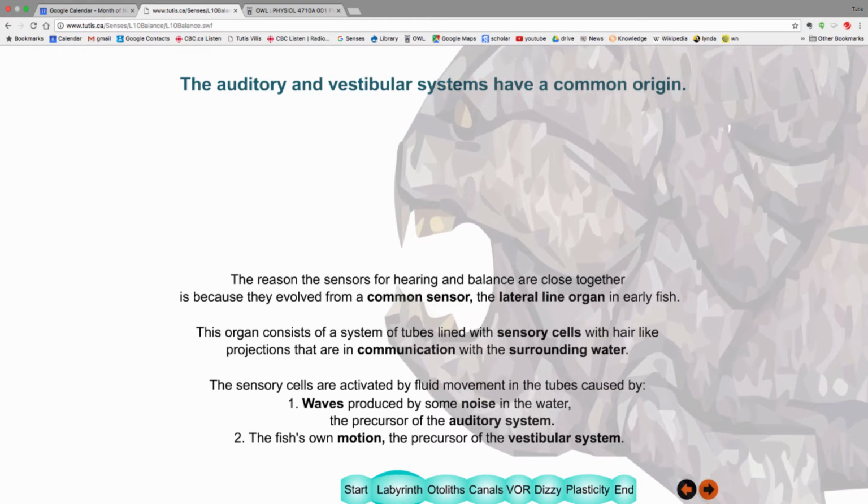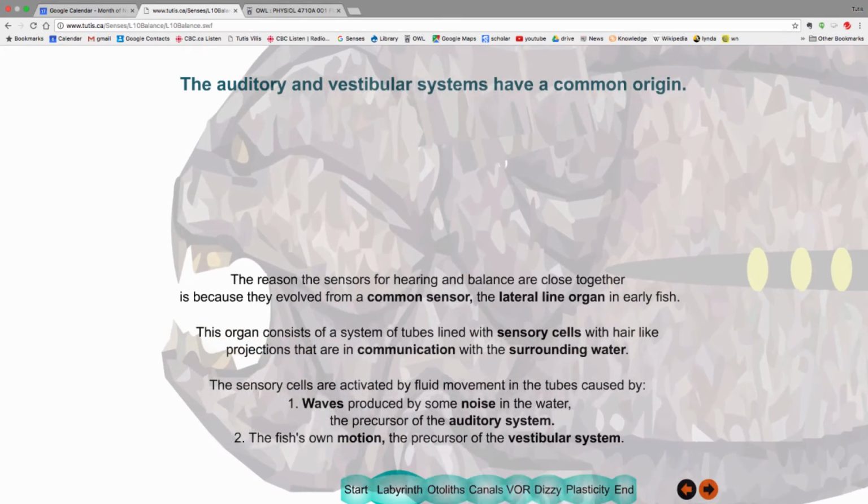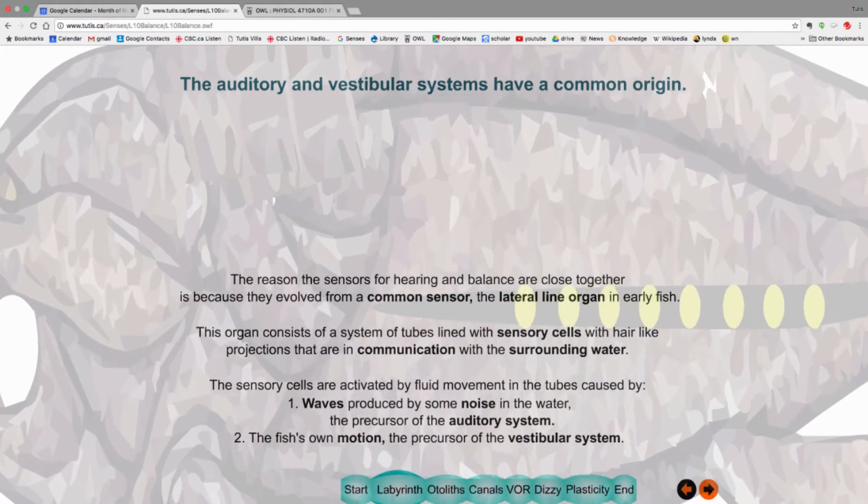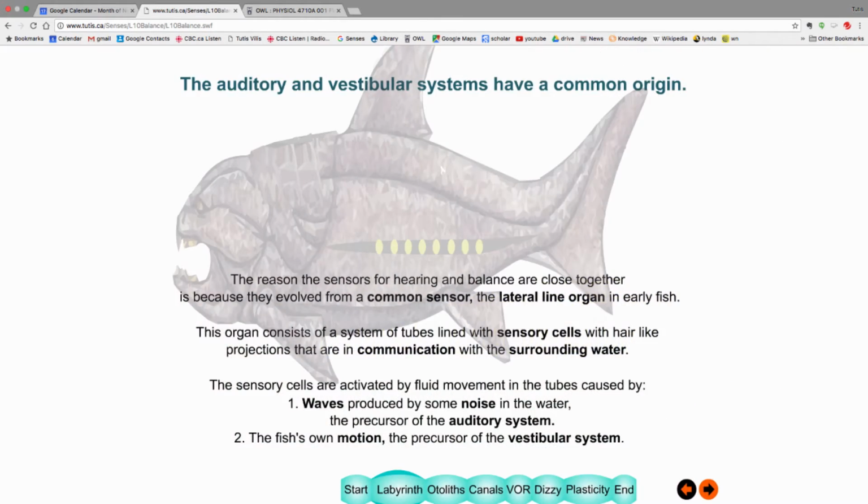Now, the reason the auditory system and the vestibular system are close together is because they have a common evolution. On the side of fish, you have this lateral line system, lateral line organ, and it's a series of tubes.